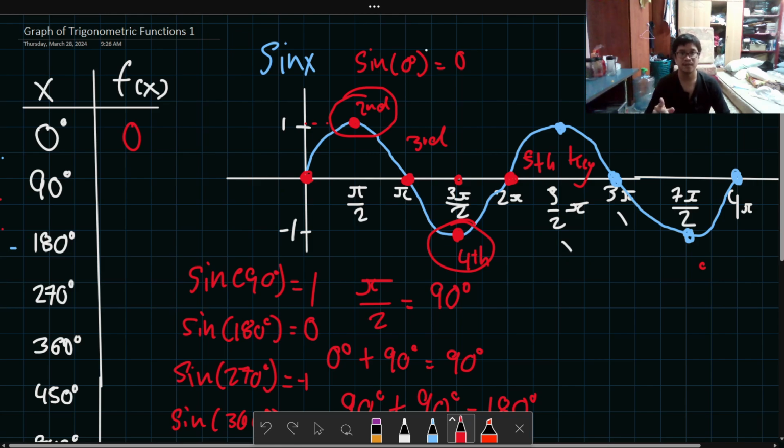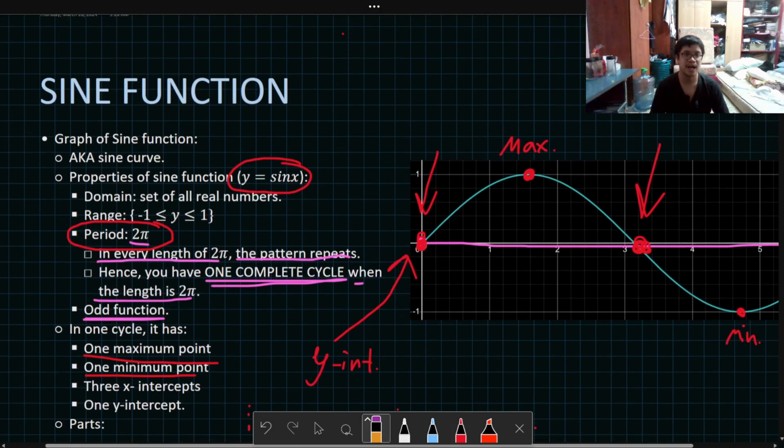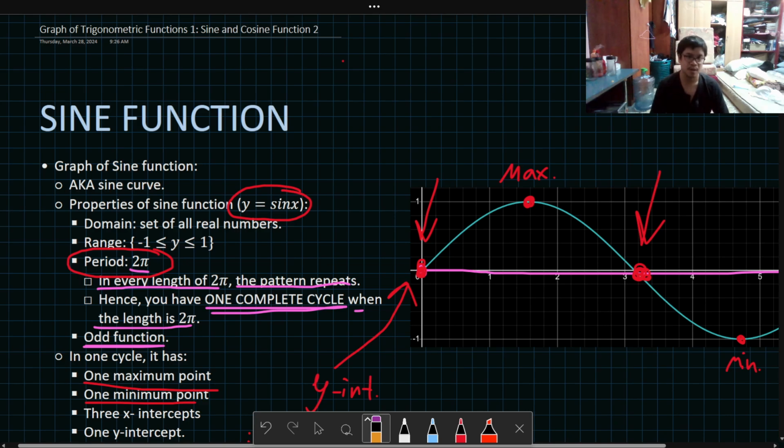And speaking of that, given the graph of a sine function, let me show you something very important. I have sine x, but remember what I told you earlier? Yes, we have sine x, but there are actually different types of sine function.